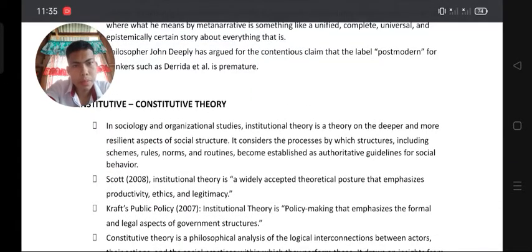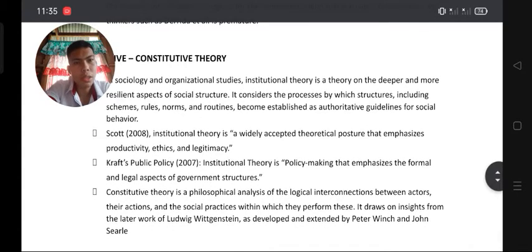Institutive and constitutive theory. In sociology and organizational studies, institutional theory is a theory on the deeper and more resilient aspects of social structure. It considers the processes by which structures, including schemes, rules, norms, and routines, become established as authoritative guidelines for social behavior. Scott 2008: institutional theory is a widely accepted theoretical posture and emphasizes rational myths and legitimacy.